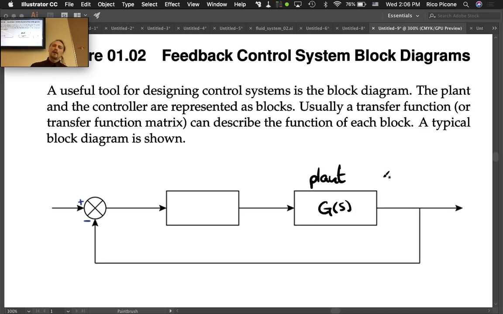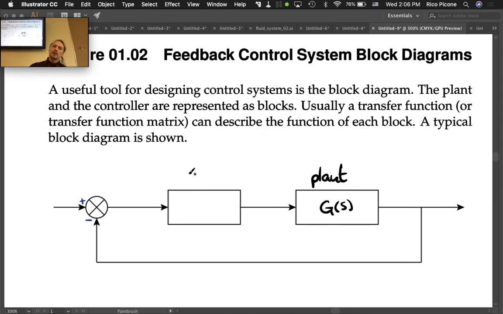And we're going to also have a controller. So this one is our controller, and it has transfer function C(s). Not every controller has to have a transfer function defined. If it's nonlinear, then there is no transfer function definition for it.